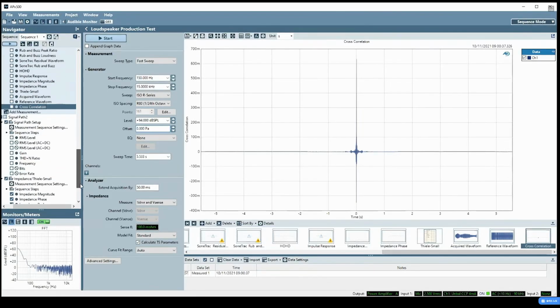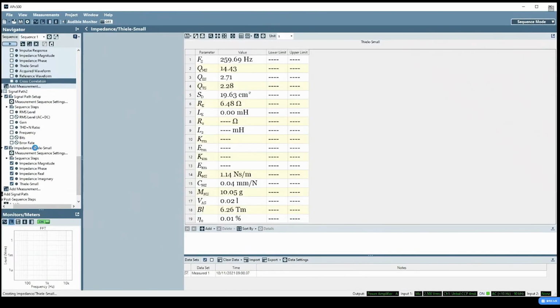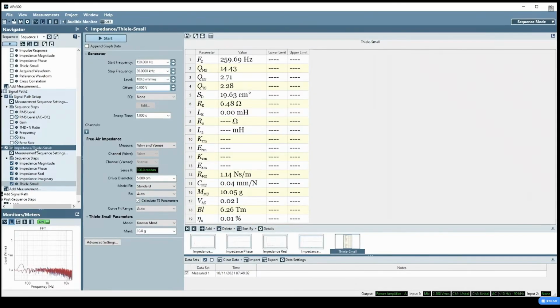And very quickly, I will show the impedance Thiele-Small, and all of this, I haven't had to change any connections. I'm using the 517, as I said, power amplifier output, which has a 4-wire Kelvin connection, and I'll leave that at 20 kilohertz.